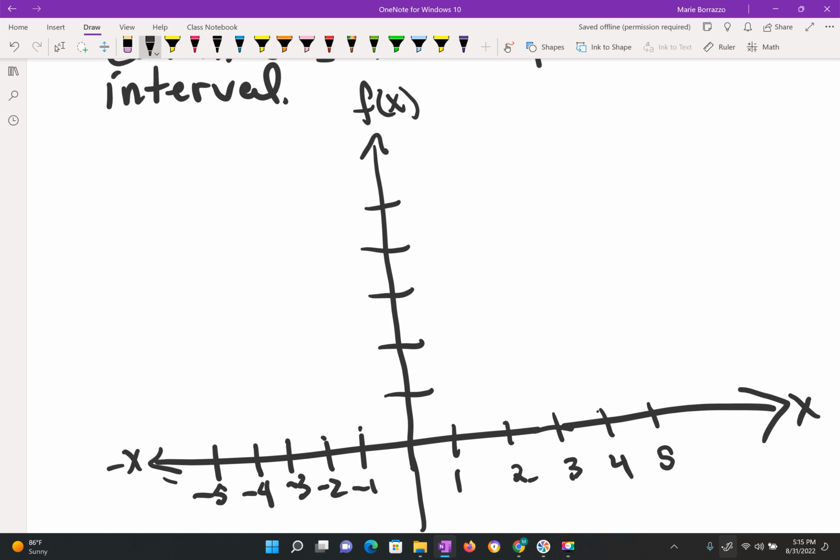So at the point -4, 2, we're going to do an open circle, and we are going to go through the point -5, 1. So this little point here is -5, 1, and this point here is obviously -4, 2.